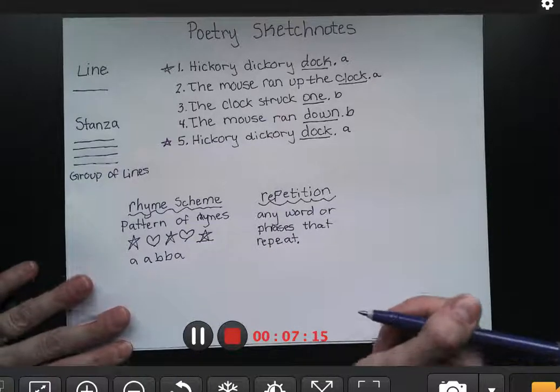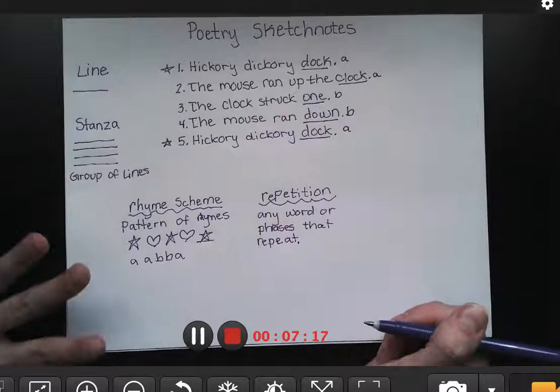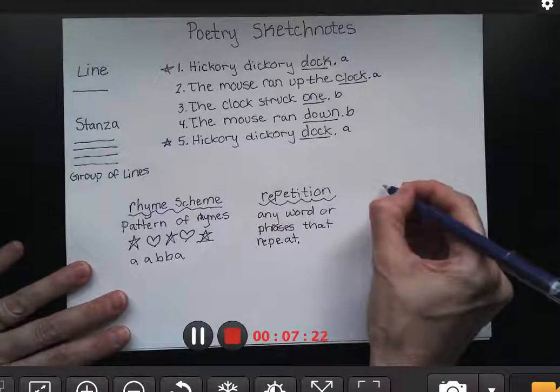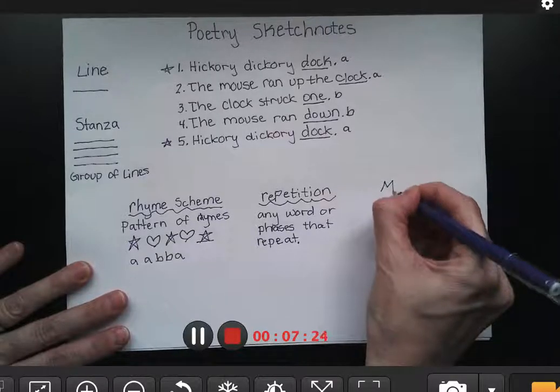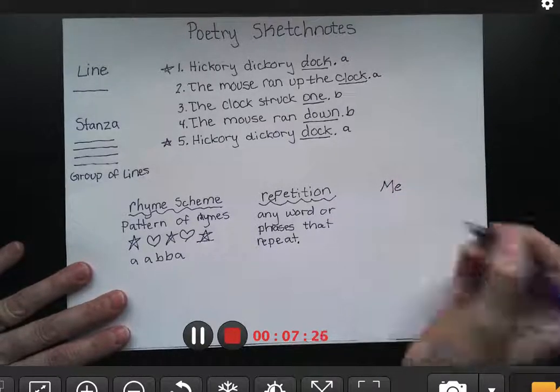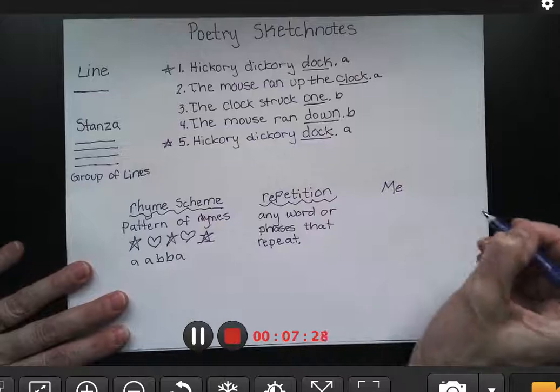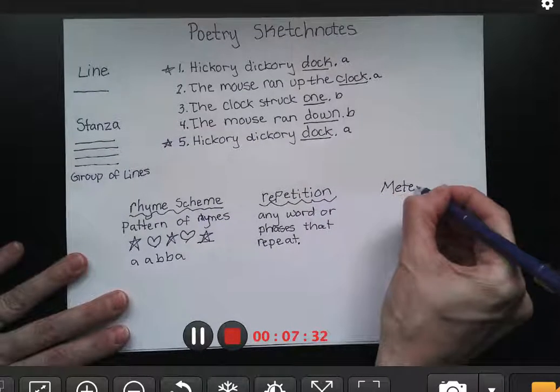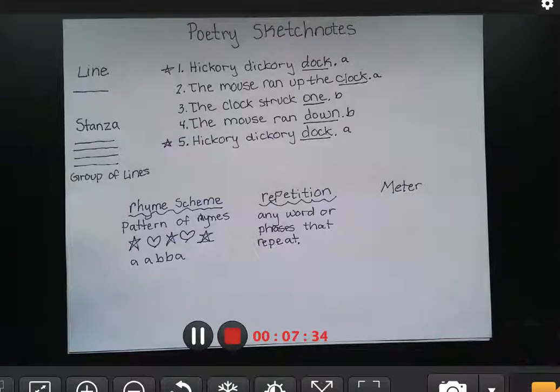Now, there's one more important vocabulary word that we have to learn, and that's what we call meter. Now, it's kind of like a measurement, but not the kind of measurement that we use in math. Meter has to do with two things.